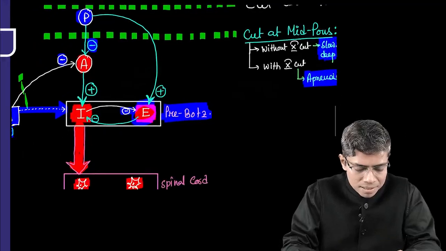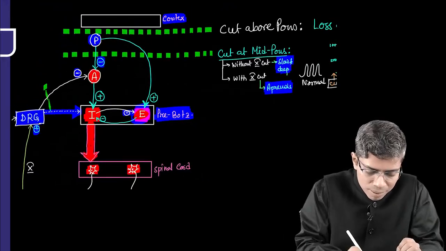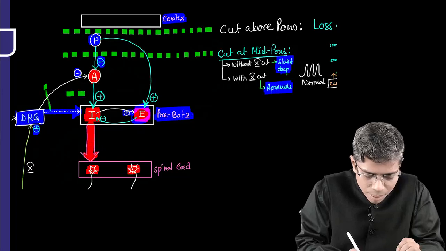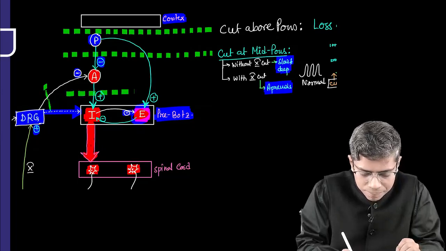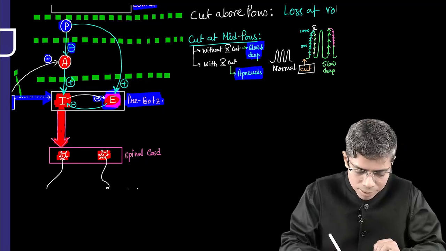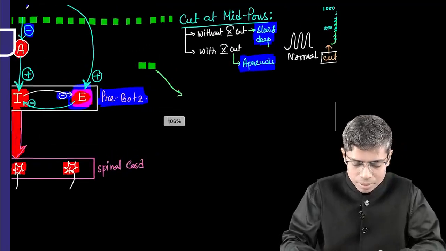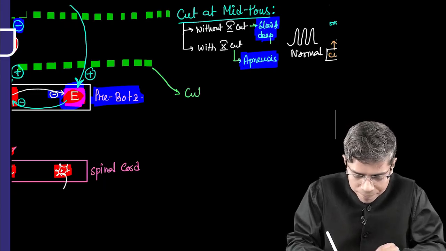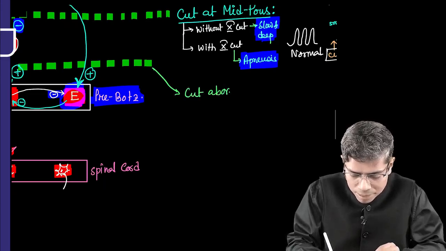Now you look at the next cut. So now I am giving a cut here at the upper part of the medulla like this. This cut is going through the upper medulla, a cut above medulla.